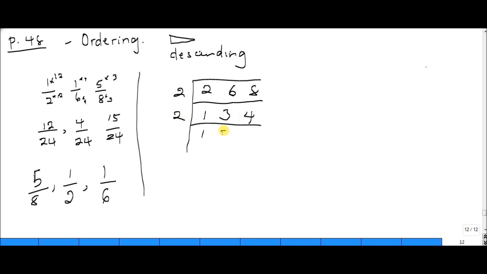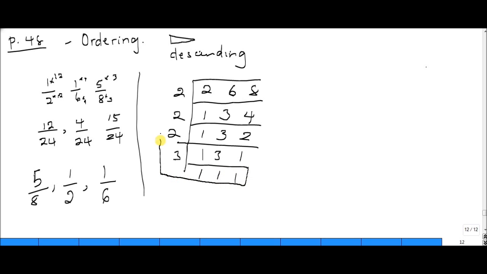Same thing applies for 3, but 2 could go into 4 2 times. You continue with 2, and it could go in there 1 time. Now we go 3. 1, 3 into 3, 1, 1. We draw our L on the outside to show we're finding the LCM, and we multiply everything on the outside.